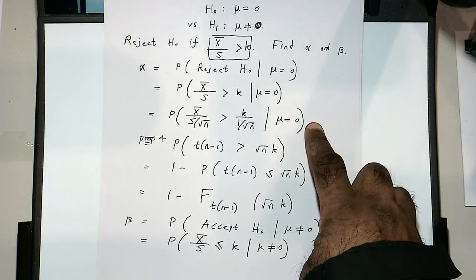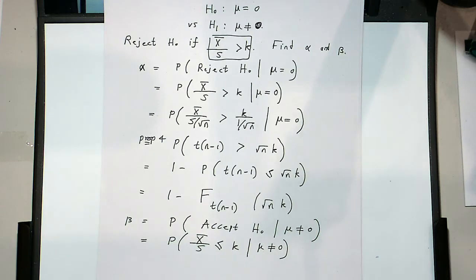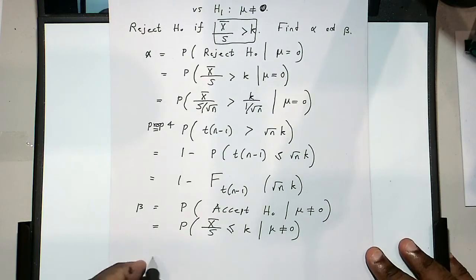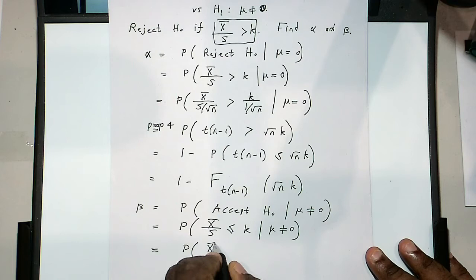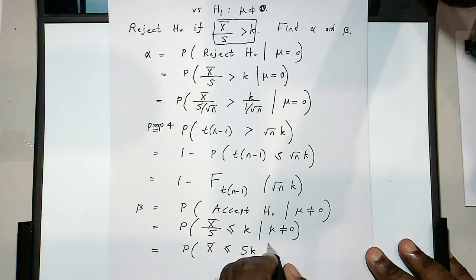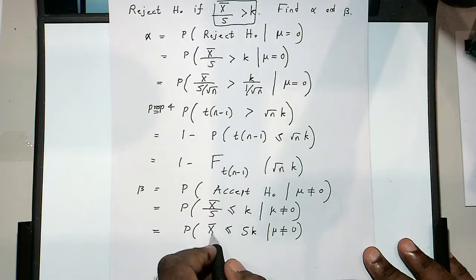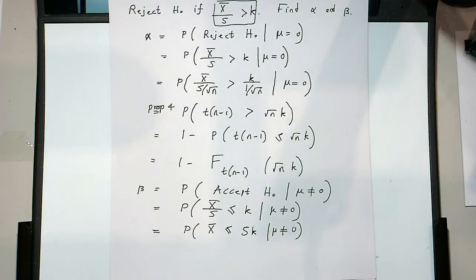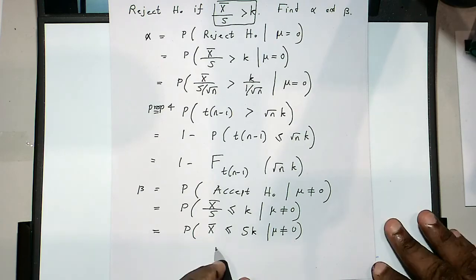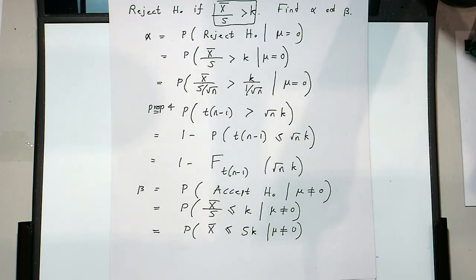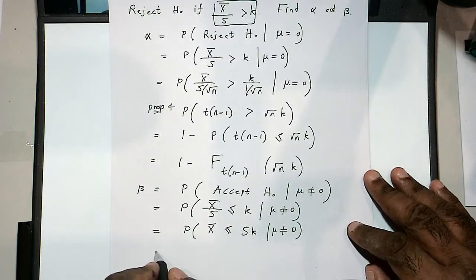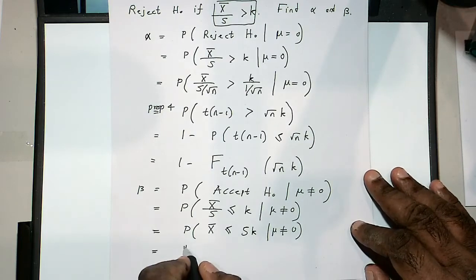To do this, you need to try some trick. You may find this a little bit difficult, but what you need to do is the following. Now, x bar, we know, is normal with mean not equal to 0. So to make that equal to 0, I'm going to subtract mu.